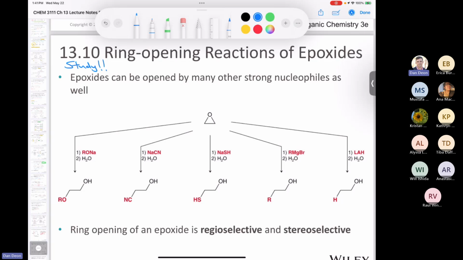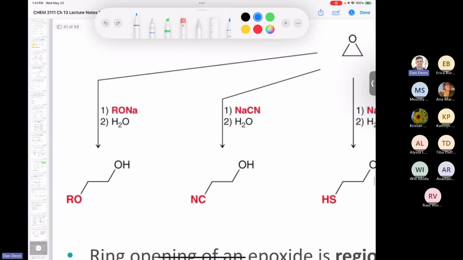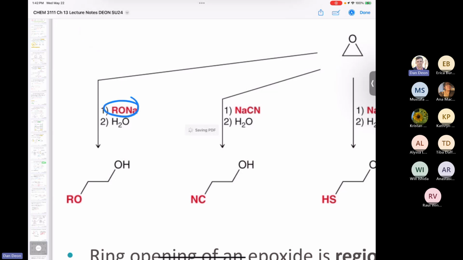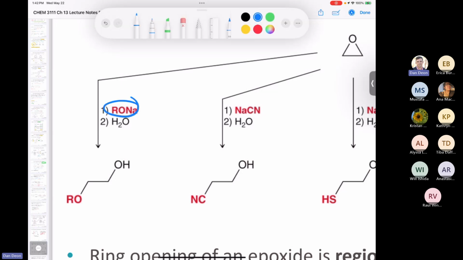What it's saying is epoxides can be opened by many strong nucleophiles, and look at all the different things you can do. Okay, so here's your epoxide. It's a good electrophile. What are some of the nucleophiles that you guys know? There's a whole plethora of them that you know. You know an alkoxide, right? Like sodium methoxide, ethoxide, whatever.